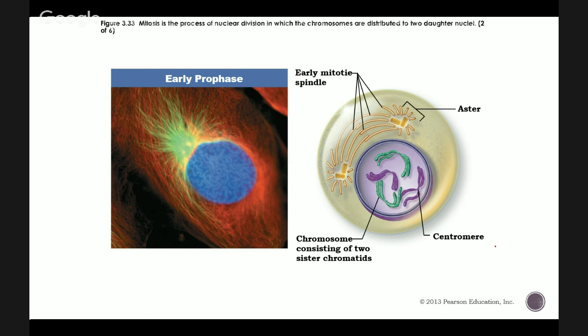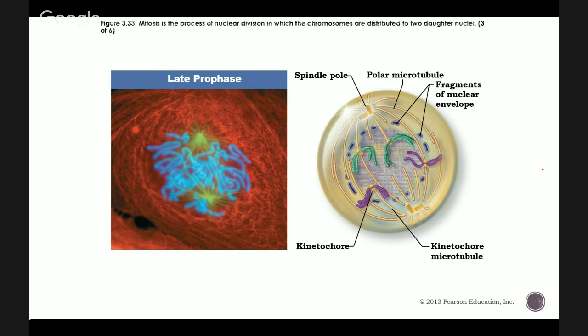How many chromosomes are in here? At the start of mitosis, how many do we have? 92. Yep, 92 chromosomes in the cell. We have 2 sets of 46, identical, okay?